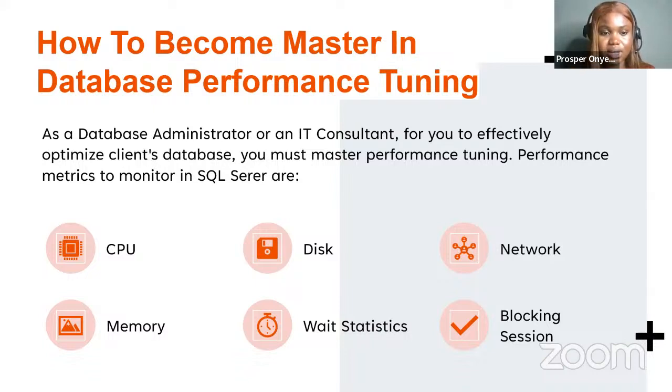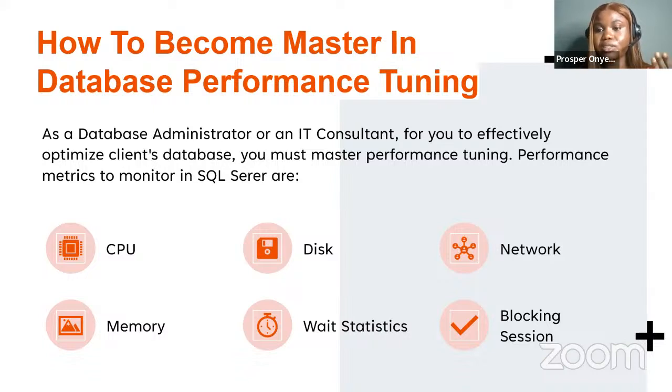First on the list that you have to know is the CPU. In SQL Server, the CPU takes most of the resources. If there is any performance issue in your environment as a database administrator, one thing to look out for is the CPU. Is the CPU running or spiking to 100%?